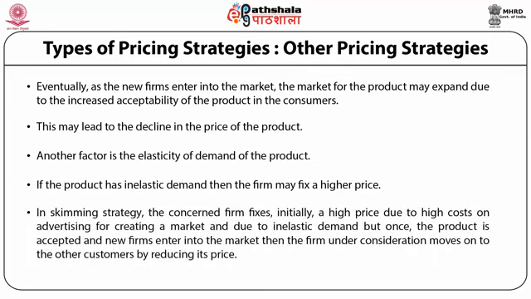In skimming strategy, the concerned firm fixes initially a high price due to high costs on advertising for creating a market and due to inelastic demand, but once the product is accepted and new firms enter the market, the firm under consideration moves on to the other customers by reducing its price.